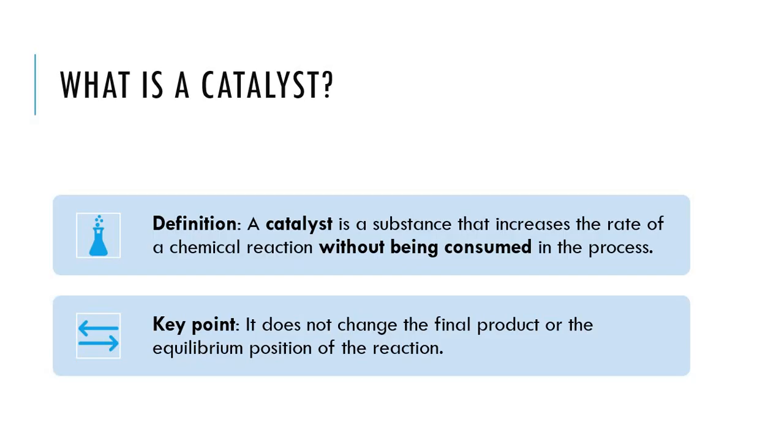Or we can consider it as a tray or environment where both molecules can react together and give us a final product without being consumed. So the catalyst will not be a part of the product, and it does not change the structure of the final product or the structure of the catalyst itself. It will never change the product, and the rate of reaction will be increased as well.